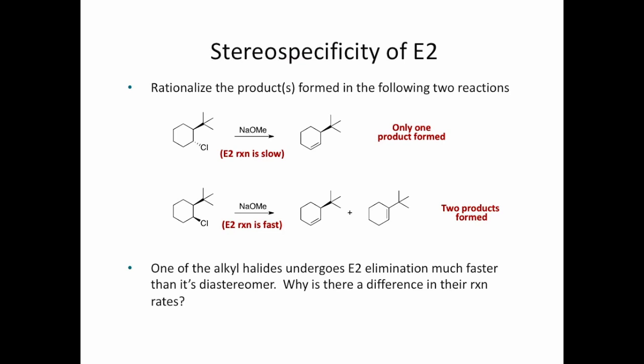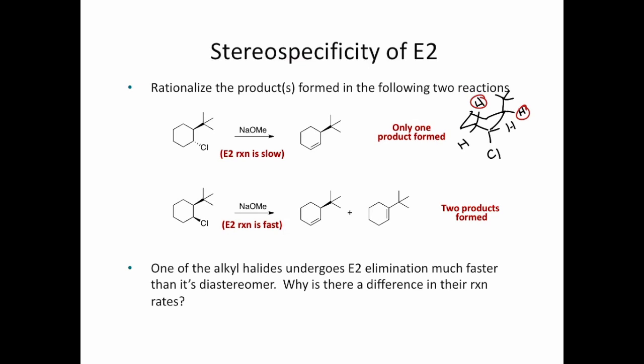So I'm going to draw my chair conformer. I'm going to put the chlorine here, which would be axial down, and the tert-butyl would be axial up. So the only beta hydrogen that could be eliminated, so here are my beta hydrogens, the only one that can be eliminated is the one that's axial.